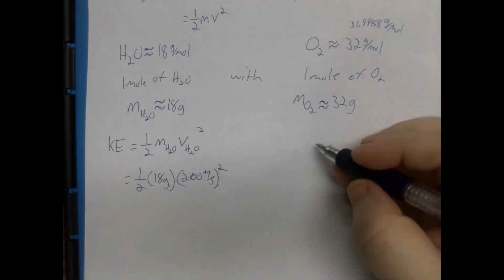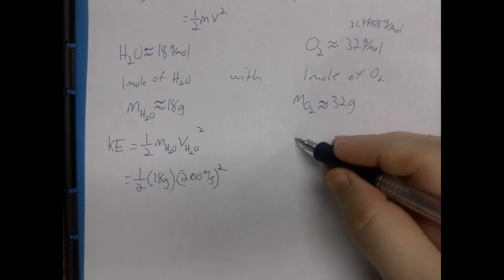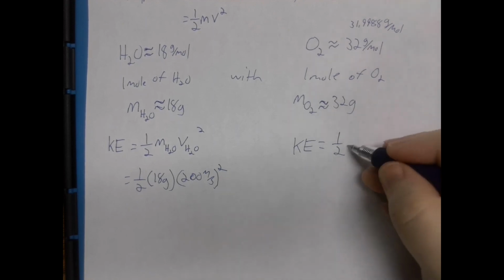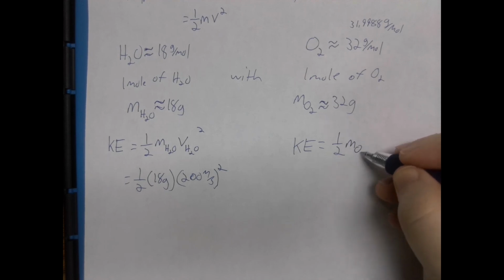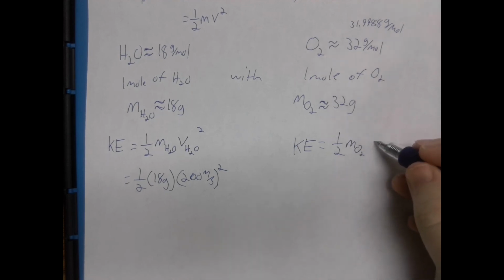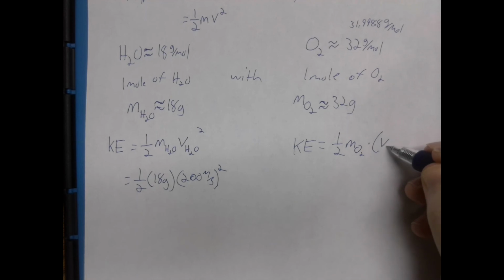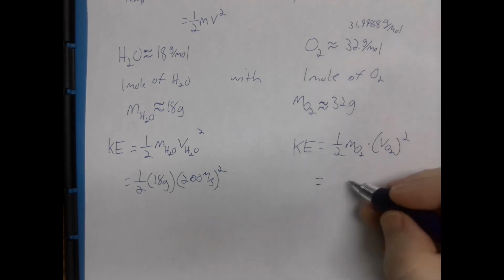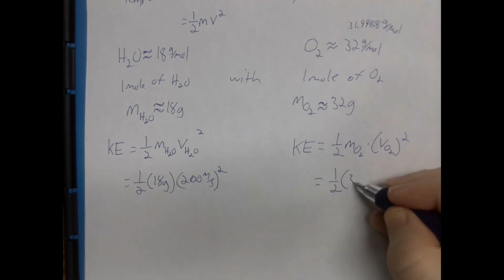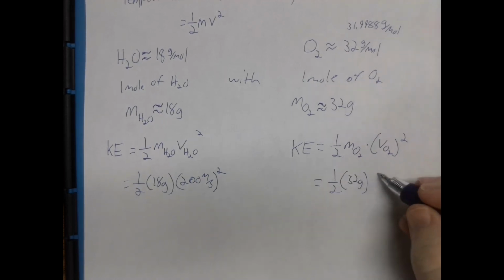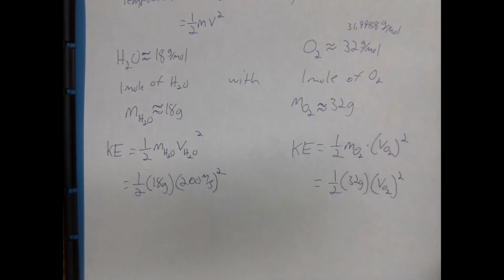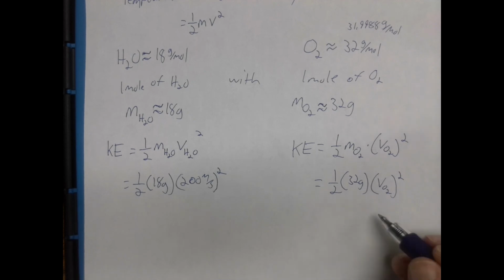We can do the same for the O2 molecules. The kinetic energy over here would be equal to 1/2 times the mass of the O2 molecules times the velocity of the O2 molecules squared. So this would equal 1/2 times 32 grams times the velocity squared, and this is what we're solving for.